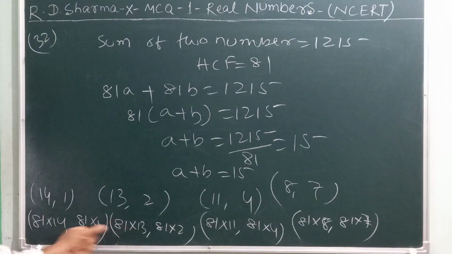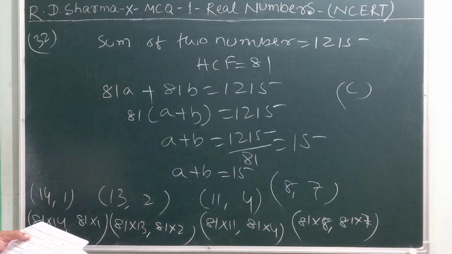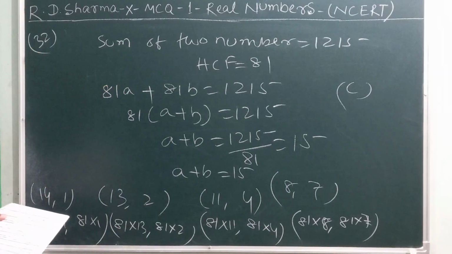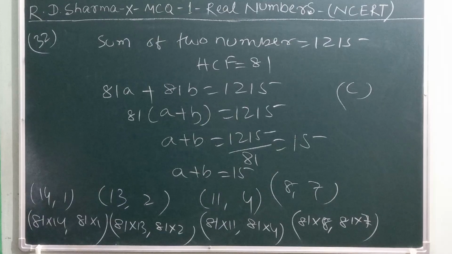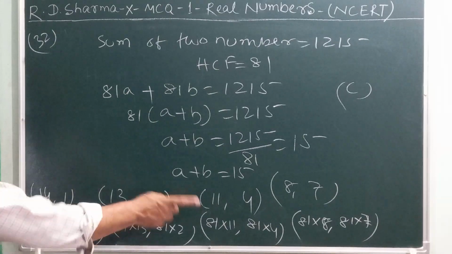Question 32, answer is C: there are 4 pairs of such numbers.